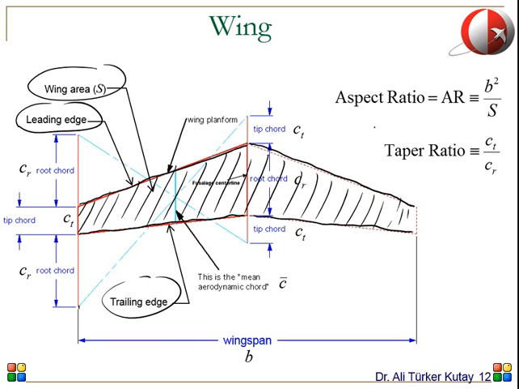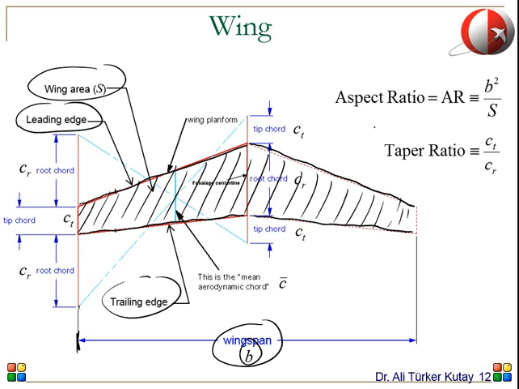And then we call this distance, which is the distance between the left wingtip and the right wingtip, the wingspan. And the small case letter b is used to represent the wingspan. Then the distance between the leading edge and the trailing edge is called the chord length.